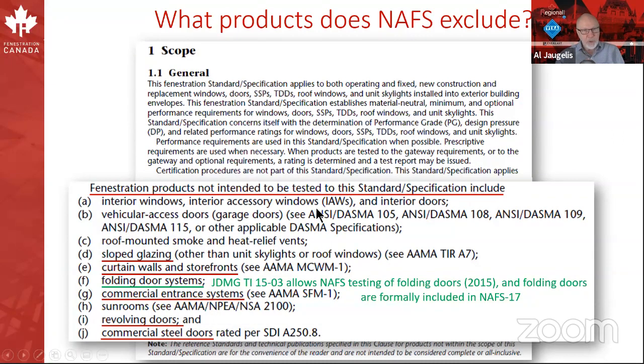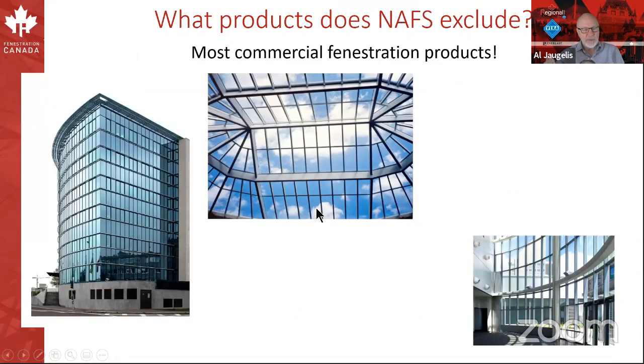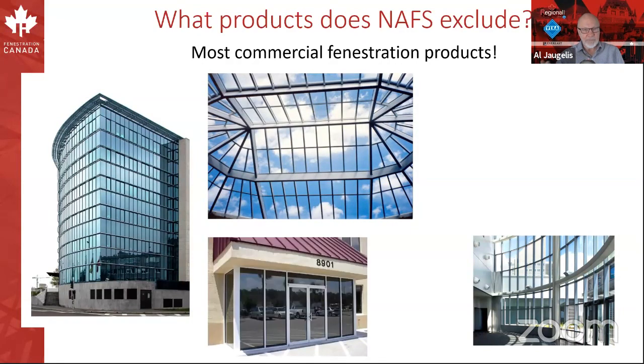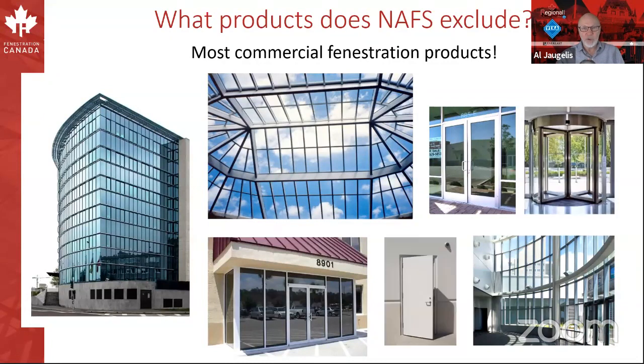But look at what is excluded: sloped glazing systems, curtain wall. Whether the curtain wall is a cladding system suspended from a building or whether it's standing as a single story or multiple story large window on the ground, that product type is outside of the NAFS standard. Storefront is outside of the standard, commercial entrances, revolving doors, and steel doors, hollow metal doors.